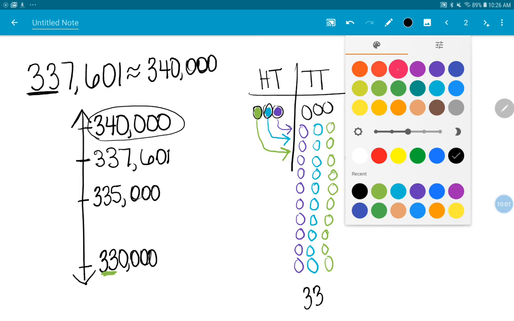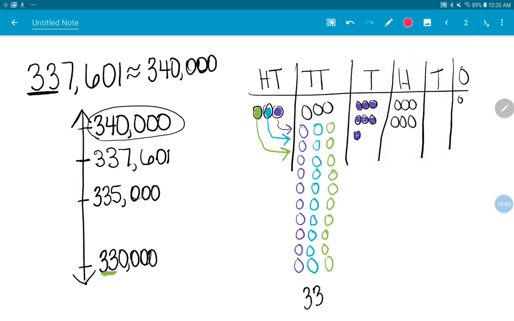So I'm going to change the color to this pink color. Here's the digit that's in my 10,000s place value, right? I have 3 10,000s. Remember, the place value I'm rounding to is 10,000s. That's these 3. There's the 3 10,000s that I had.